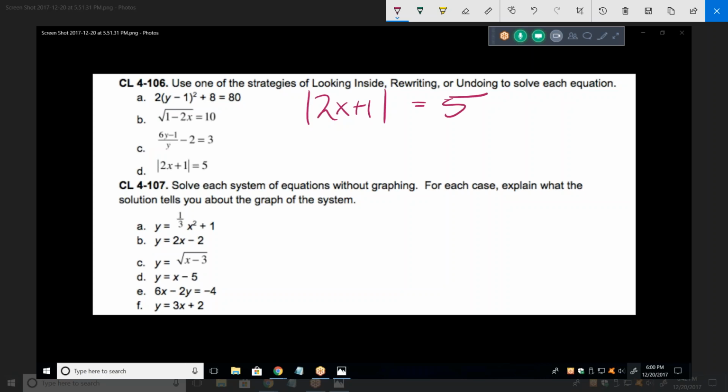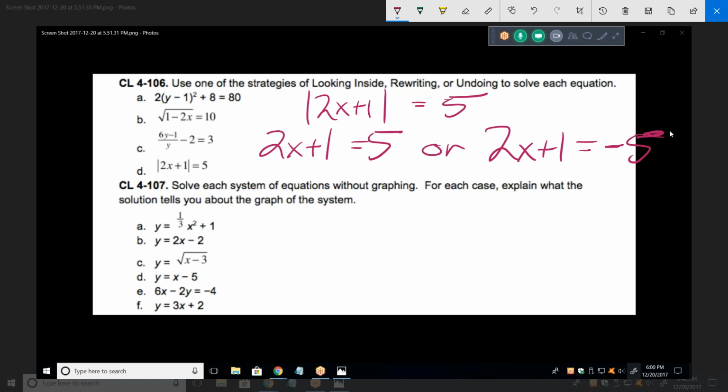Now tell me the two equations. So then it's like 2x plus 1 is equal to 5 and 2x minus 1 is equal to 5. And there's an or between them. And you never change what's inside the absolute value. The only thing you change is the other side.